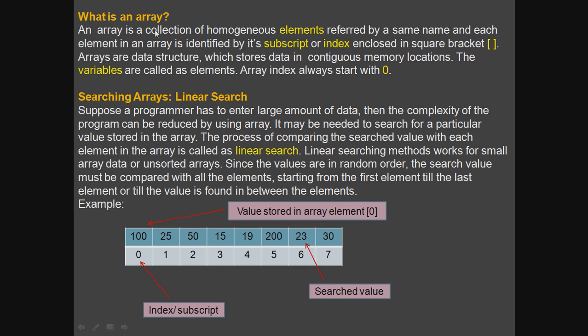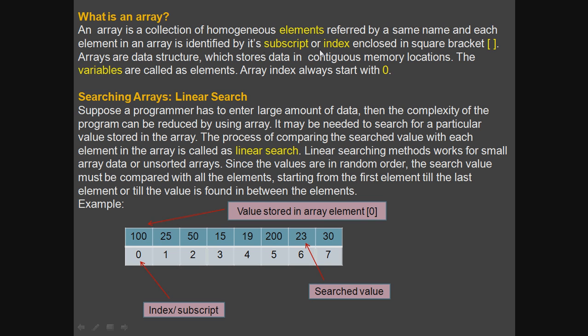An array is a collection of homogeneous elements. The variables are referred to here as elements. Homogeneous means variables of the same type which are referred by the same name, and each element in an array is identified by its subscript or index.